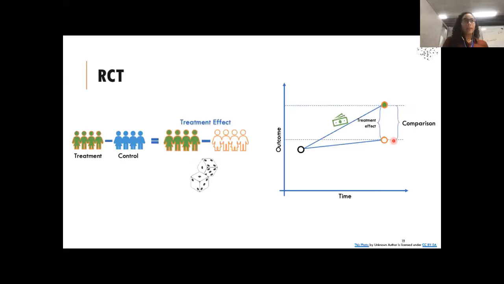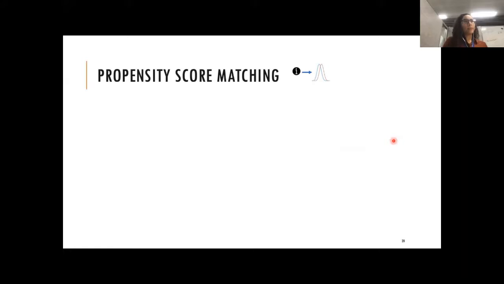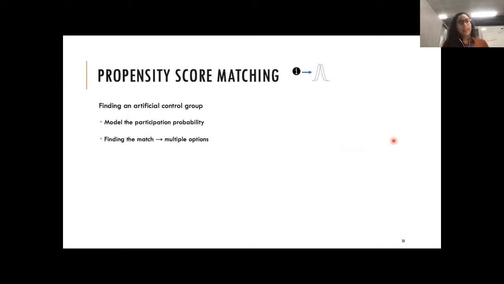The next technique is propensity score matching. Propensity score matching tackles the selection bias directly by modeling it. First we say, I know that the probability of a participant to be in the treatment group is affected by these variables that I can observe.